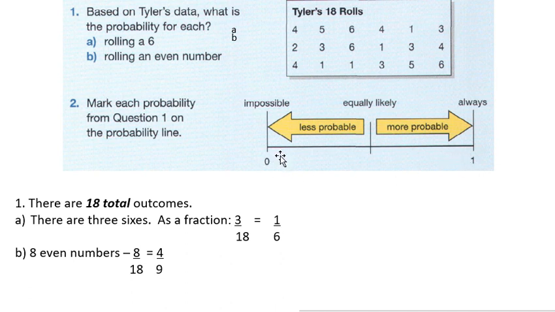So approximately 1, 2, 3, 4, 5, 6, 7, 8, 9. And our 9/9 would be where the 1 is. Our 4/9 would be just to the left of this equally likely line right in the middle. So our B would be right about there. That's approximately where the B would be placed because it's a little bit less than half.